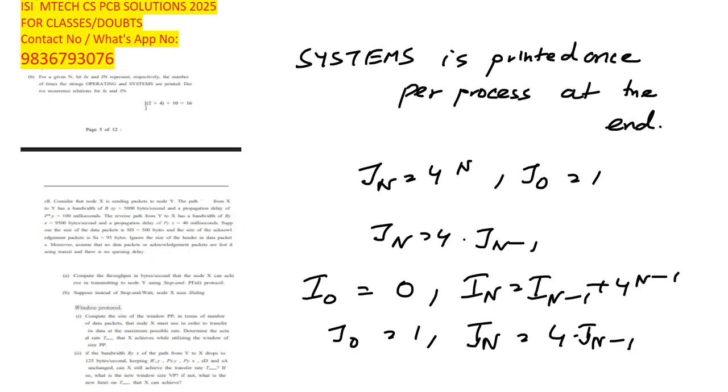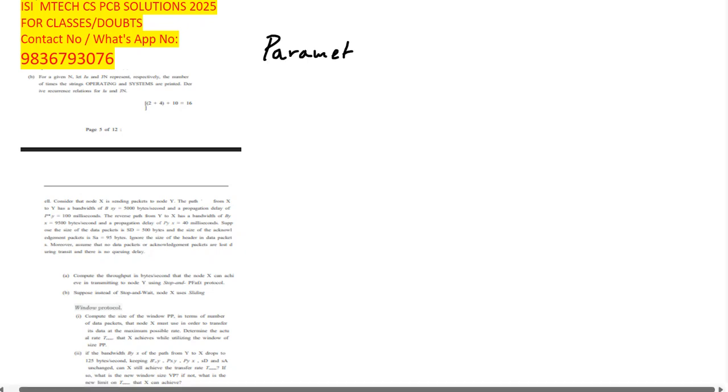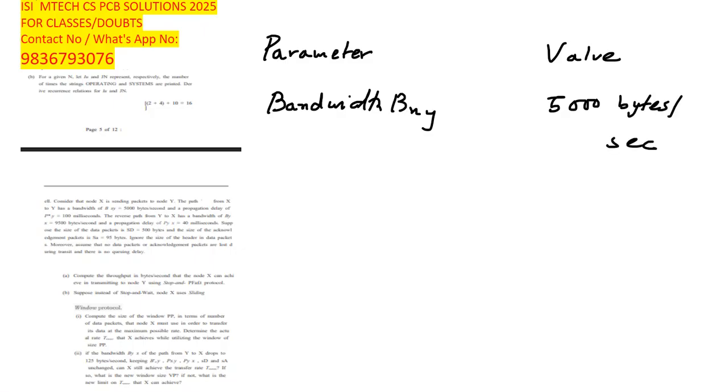Okay, so here now the given parameters are being, so what are the parameters? Bandwidth. So here bxy will be 5000 bytes per sec. Then propagation delay pxy.